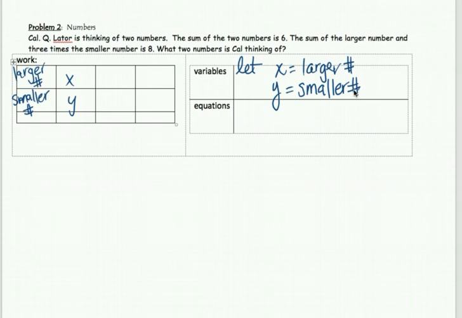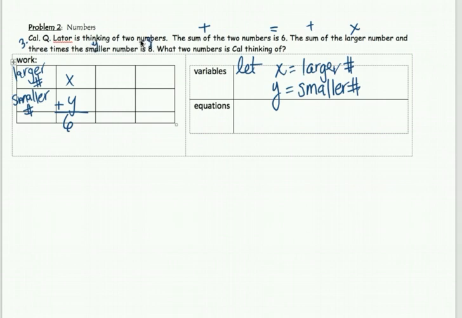All right, so the first sentence here says the sum of the two numbers is, like, equal sign, the sum, think of it as adding them up, is 6. So we know we can add these two numbers up and get a total of 6. All right, the sum, so again, we're adding the larger number, which we decided was x, and 3 times the smaller number. So that sum is 8.